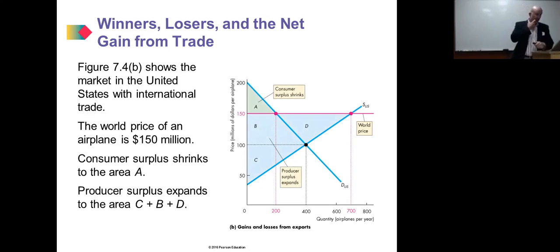All right, so right here with international trade, remember the price of the airplane rose from 100 million to 150 million. So consumer surplus is going to shrink.